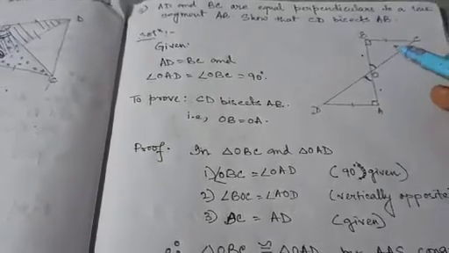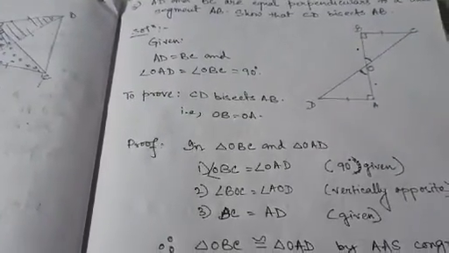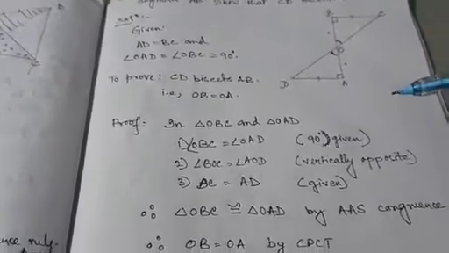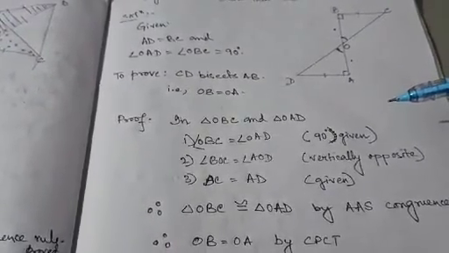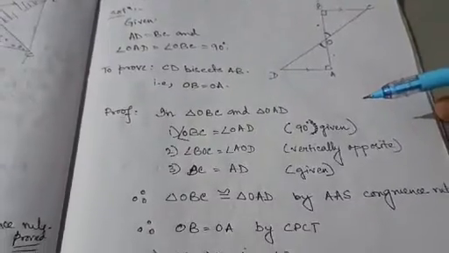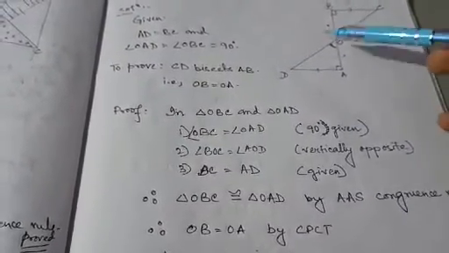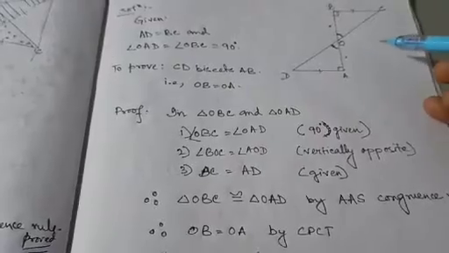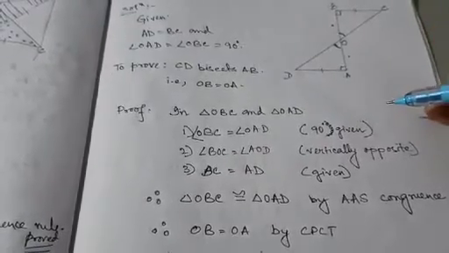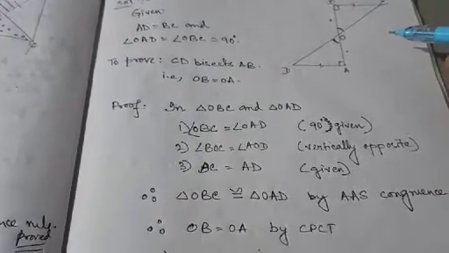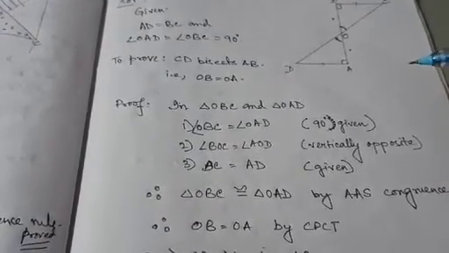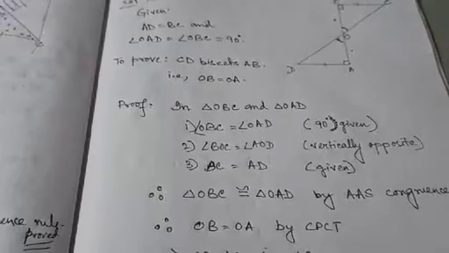And BC is equal to AD. This is also given in the question. So triangle OBC is congruent to triangle OAD by angle side congruency rule. Since the two triangles are congruent to each other, we can say by CPCT that OB is equal to OA.